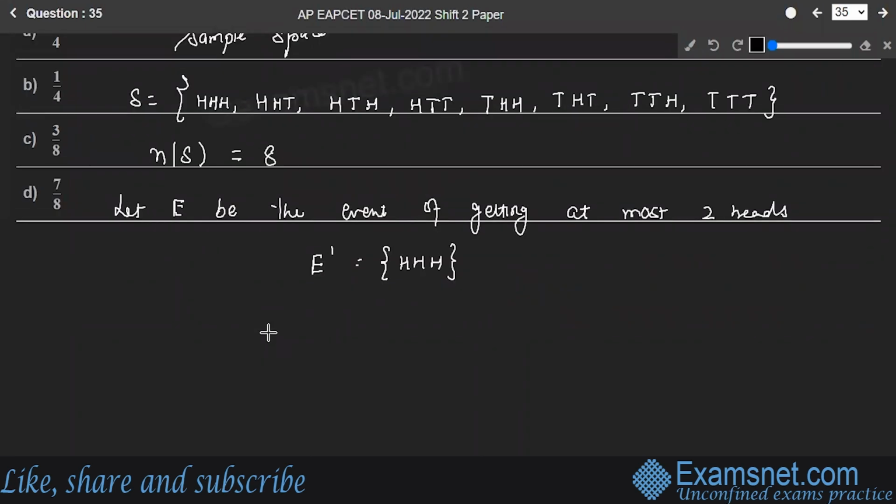The question asks the probability of getting at most 2 heads. That means we can't have 3 heads over here. This is not allowed. Everything else apart from this is okay. So E dash will be given by 3 heads. This is the event when you will be having 3 heads.